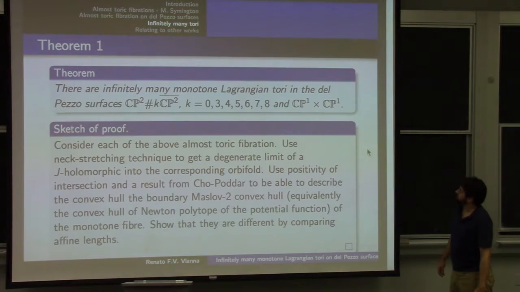And so the theorem is that there are infinitely many Lagrangian tori in all these spaces that I was able to construct that have triangular shape. Let me talk a little bit about the proof that I gave.